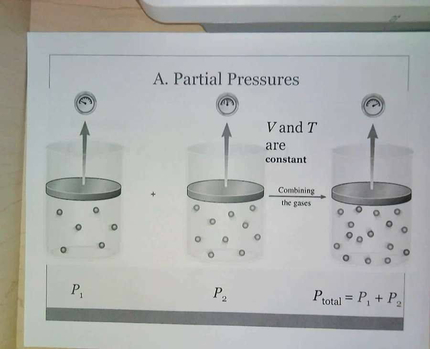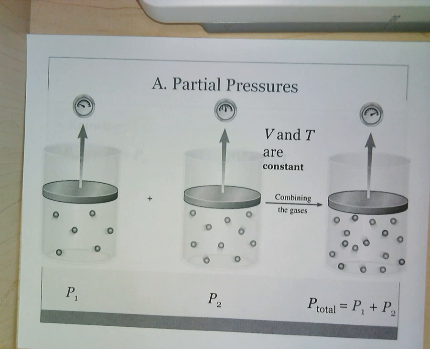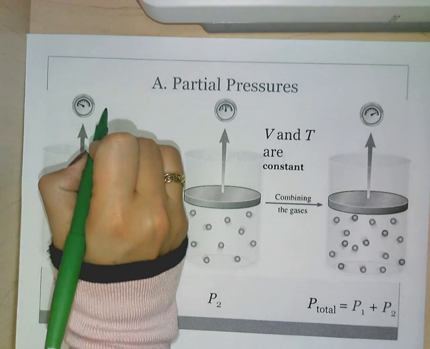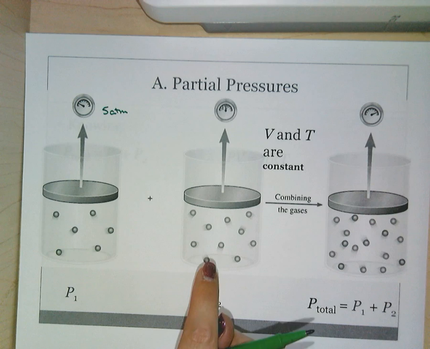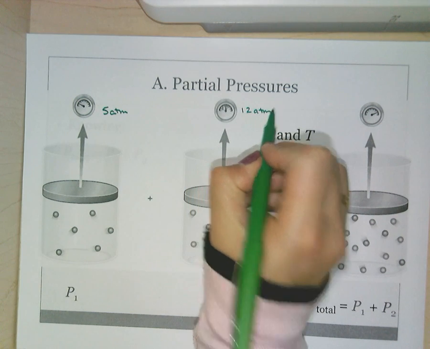So here's my fancy diagram about partial pressures. Worked real hard on this. I have this container, which has a pressure of not very much. We'll say that's 5 atmospheres. I have this container over here, which has, we'll say, 12 of pressure in it.